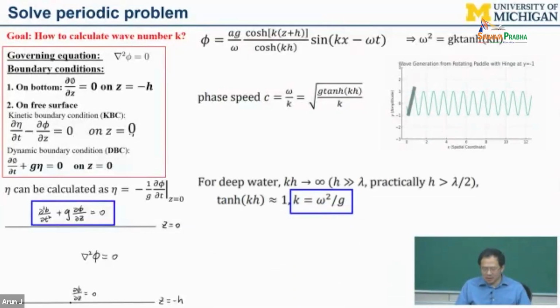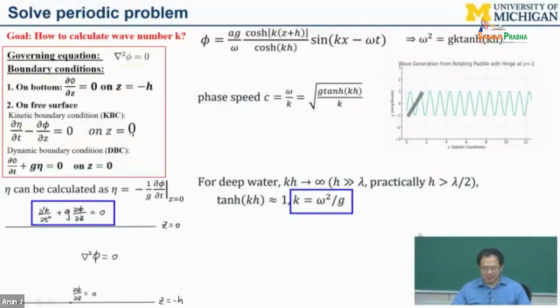So now, if the water depth is very deep compared with the wavelength, right? And practically, I told you the water depth generally is 40 meters like that, or depending on wavelength, it can be 60 meters, right? In such a case, kh is very, very large, so tanh(kh) will become 1.